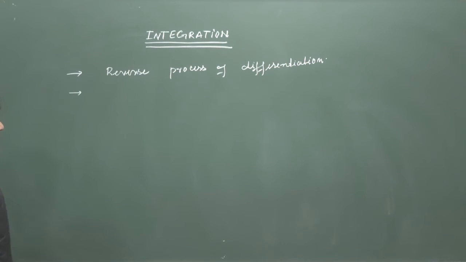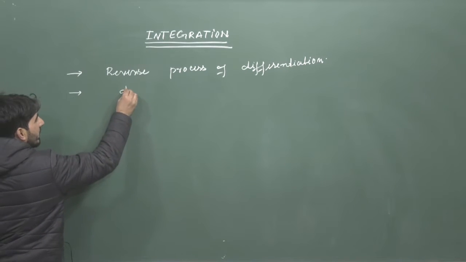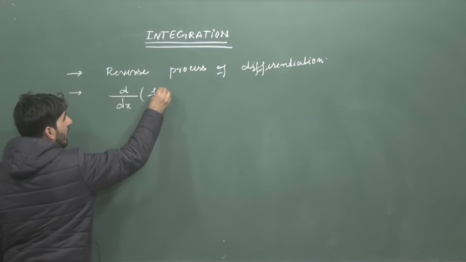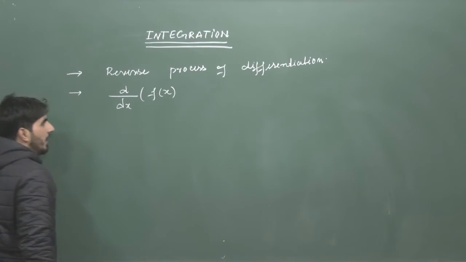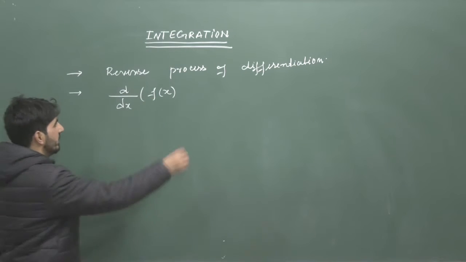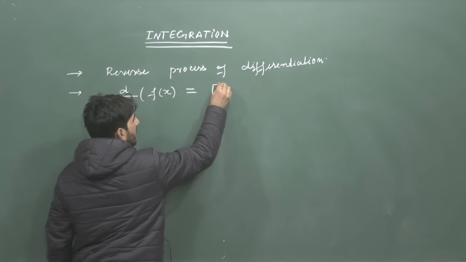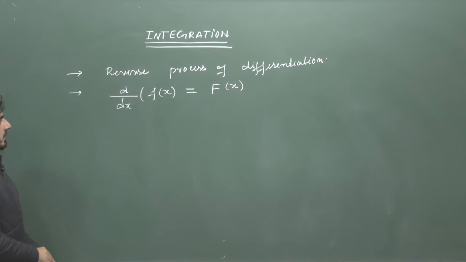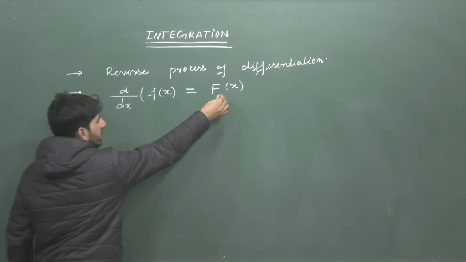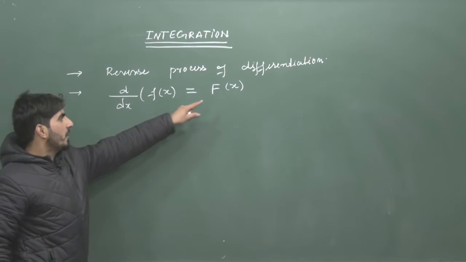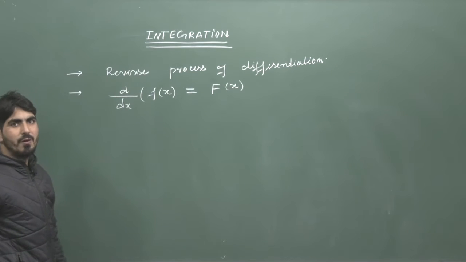from differential calculus we know that if the differentiation of the function f of x is capital F of x, then inversely we can say integration of capital F of x with respect to x is small f of x.